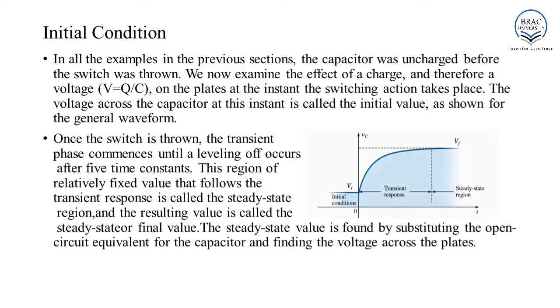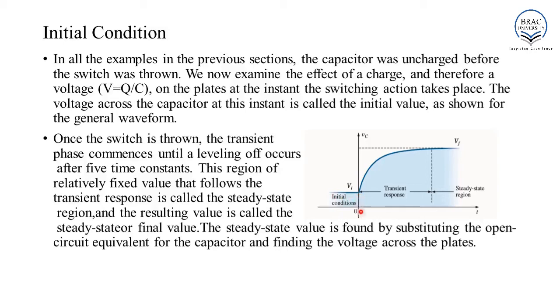This is shown over here in the general waveform. Initially, during the charging phase, the capacitor's exponentially rising voltage graph would start from this point because the voltage across the capacitor was 0 in the previous examples. In this example, we are considering that a small amount of voltage is already present in the capacitor.